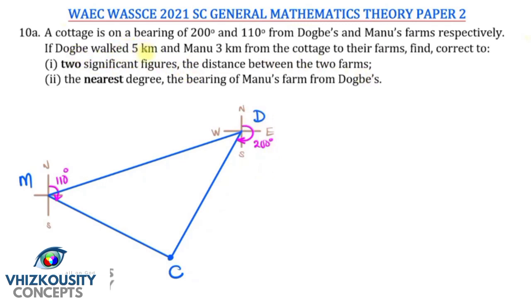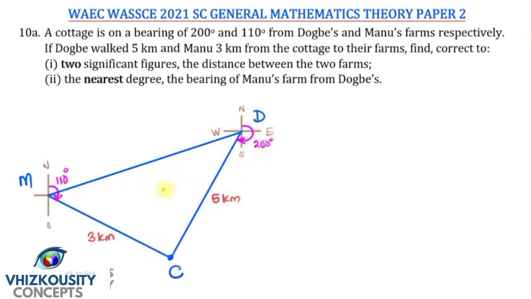Dogbe walked 5 kilometers to the cottage, so this is 5 kilometers. Manu walked 3 kilometers from the cottage to his farm, so this is 3 kilometers. You can see how I used a shorter distance for Manu as compared to Dogbe, and using the relative positions of the bearings, I'm able to locate this as appropriate.